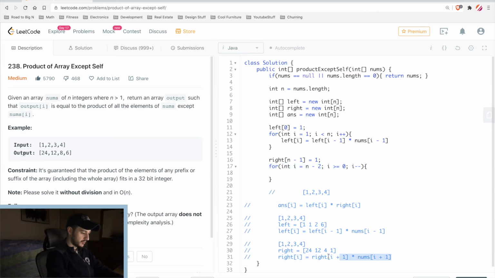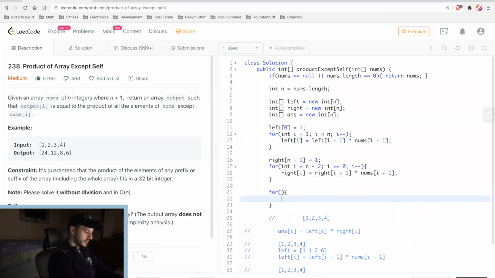And we are just going to be using the same formula here. So right at i is equal to right at i plus 1 times nums at i plus 1.